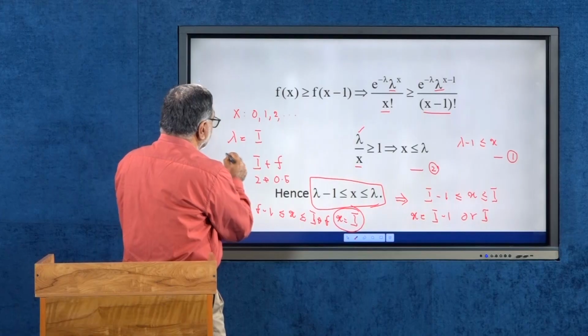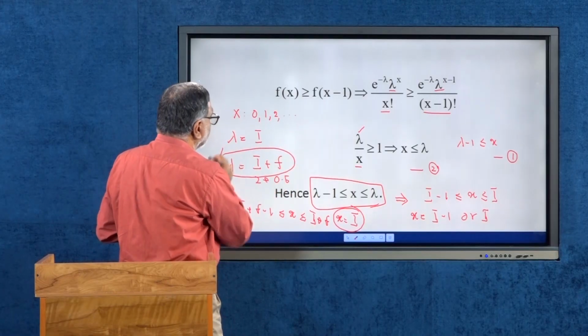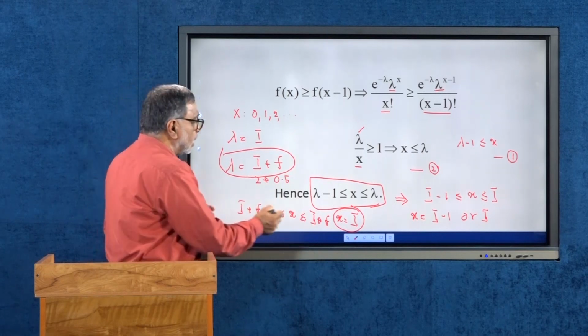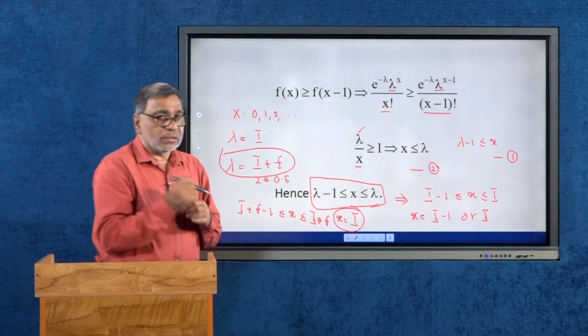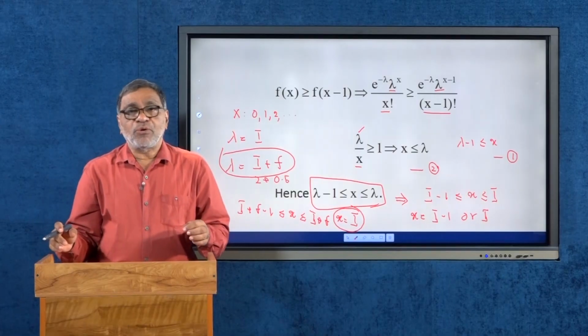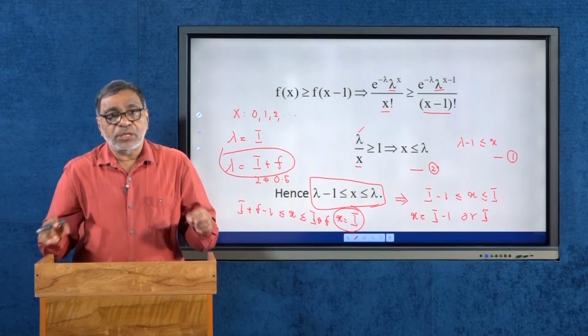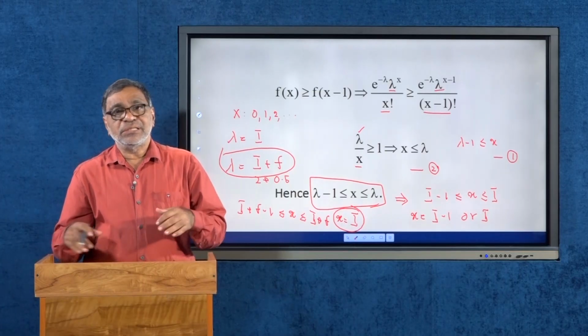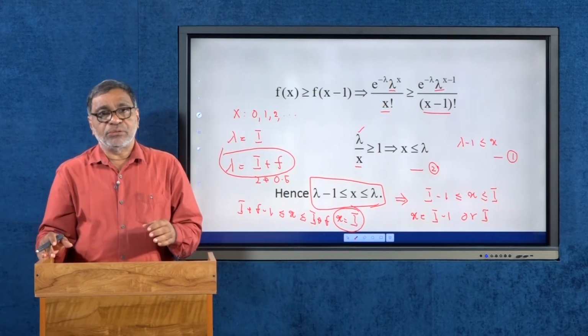So, if lambda is equal to an integer plus a fraction part, then the x value is equal to I. That is, if the parameter of the Poisson distribution is not an integer, then there exists only one mode, that is, it is a unimodal distribution.